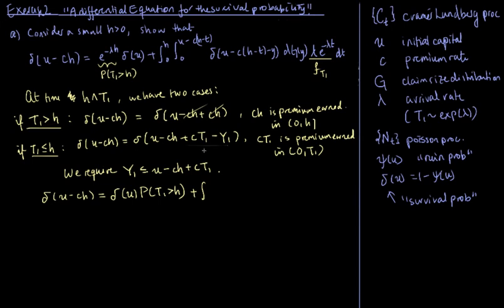So first of all, the values that t1 can take will range from 0 to h. And the values that the claim sizes may take for this to make sense, well, they range from 0 and all the way up to u minus c h, and then plus c multiplied by whatever value this t1 has, which inside the integral is just t.